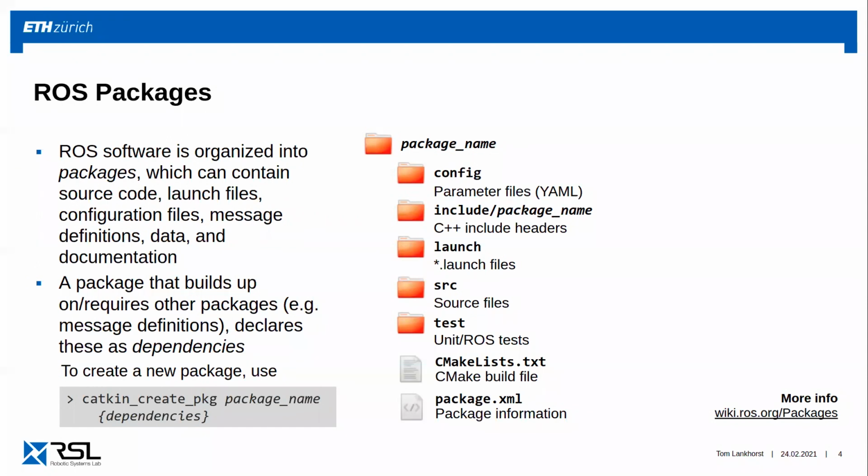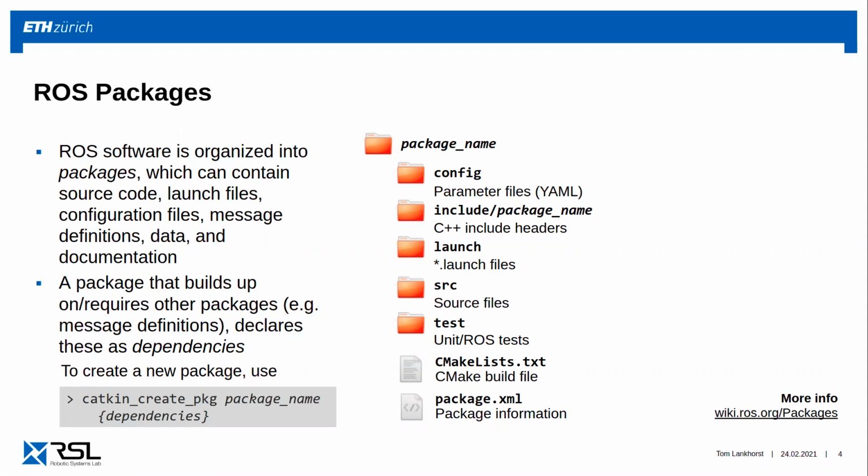ROS packages are encapsulated code with a few responsibilities. When you create a ROS package, it consists of a directory with the name of the package. It's typically a name like my_point_cloud_processor, for example.